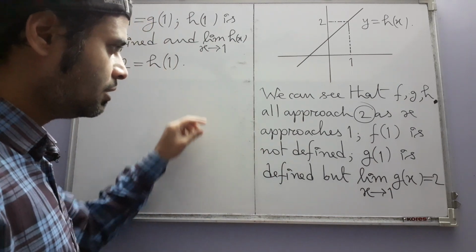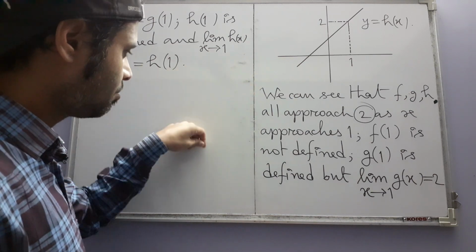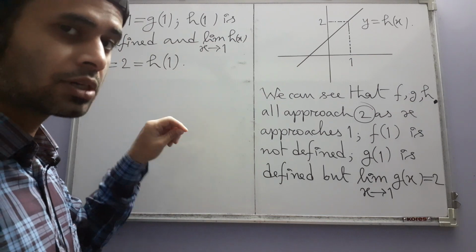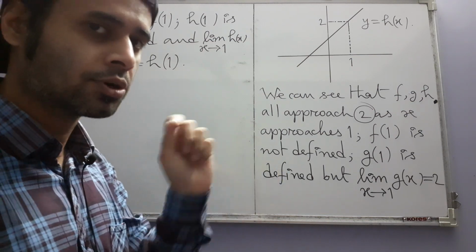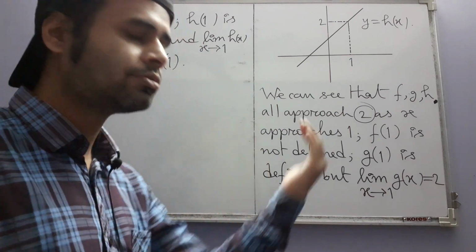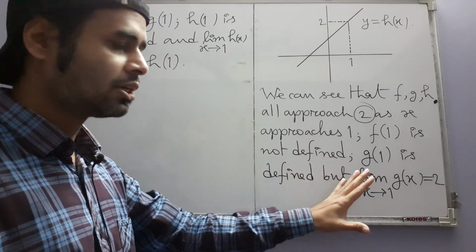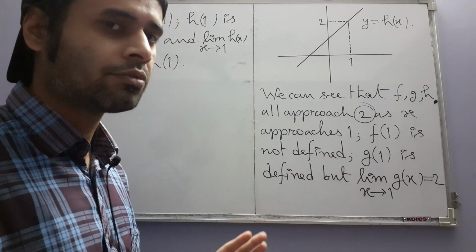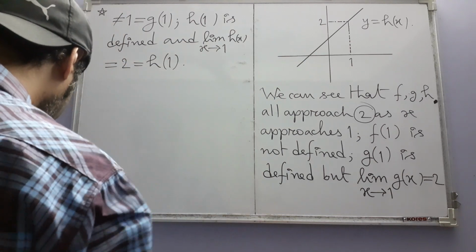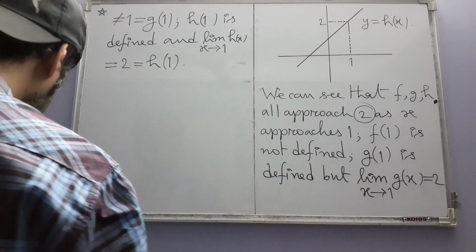In the graph of g, the graph is still broken, but that point lies below. But the point is that the graph is broken near 1. It is not a continuous line. So this has to do with something known as continuity of a function. We will see about this. But you can clearly understand geometrically why that is called continuity.